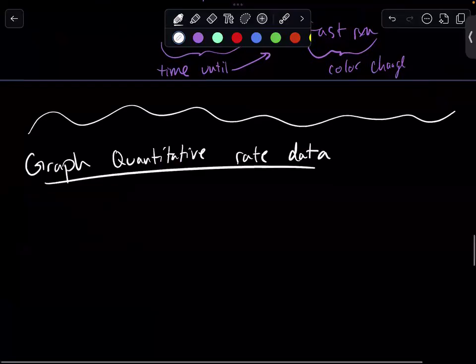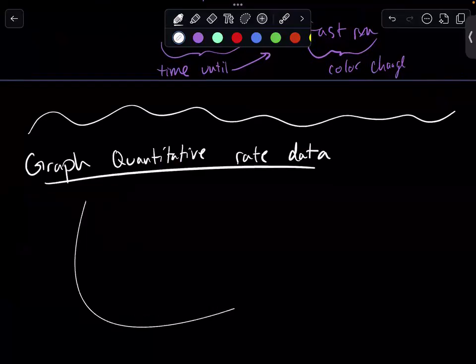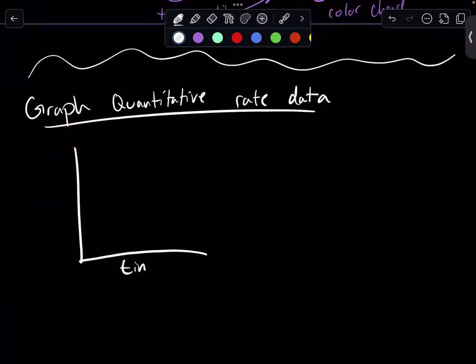We create a graph with time on one axis, because we're doing reactions. On the other axis we're going to do concentration of products. We could also do concentration of reactants, and I will do two different graphs for that.